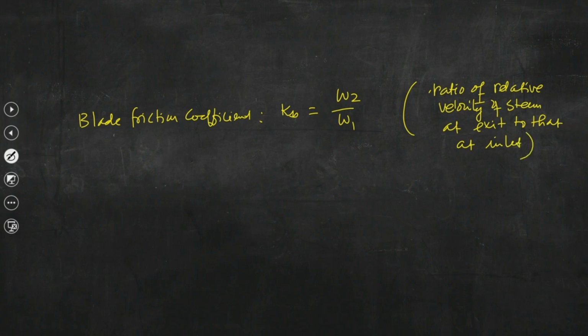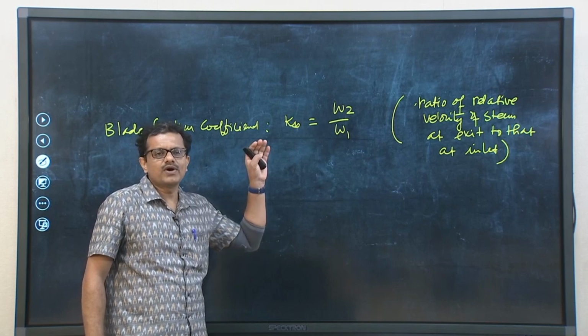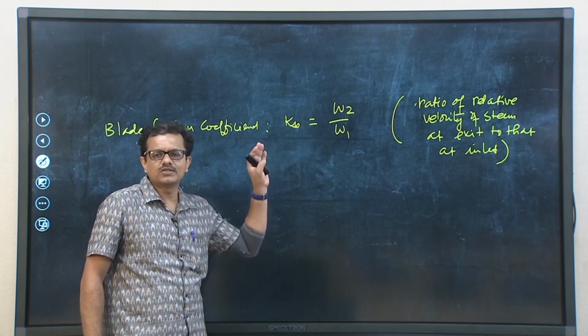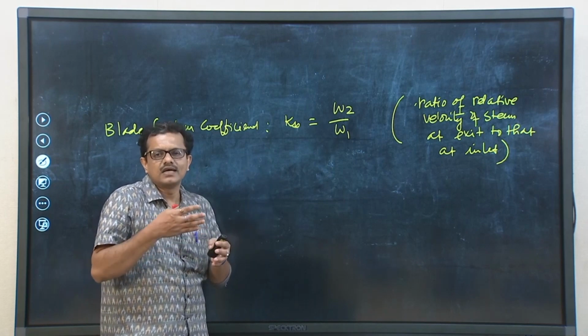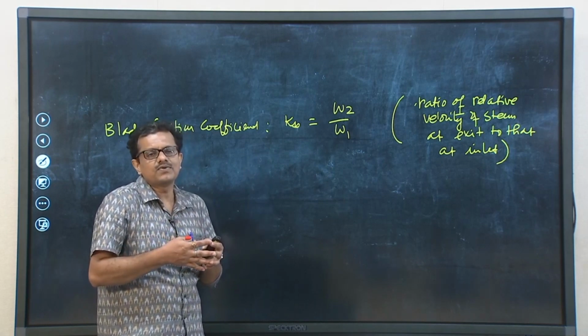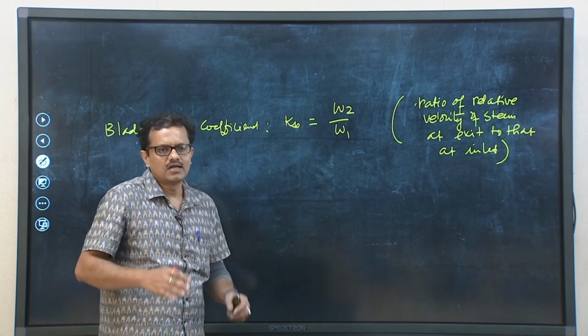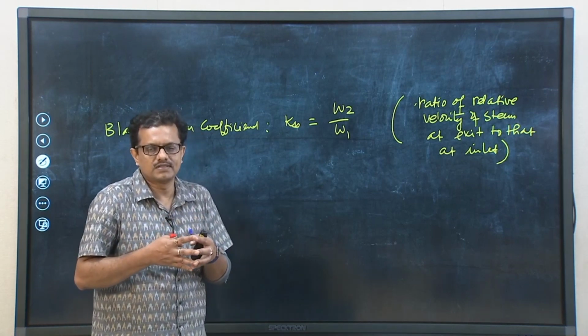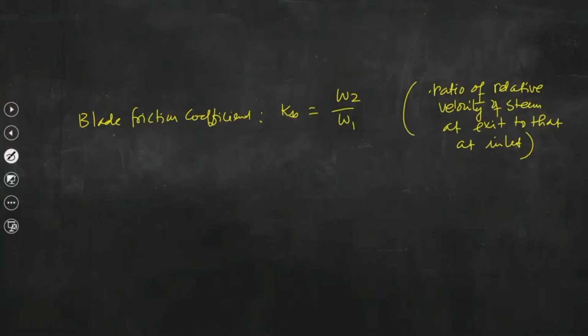We have seen that these two velocities are not equal, because steam while passing through the passage between two consecutive blades will face resistance from the frictional effect, that is, the roughness of the blade surface. So Kb is not equal to 1.